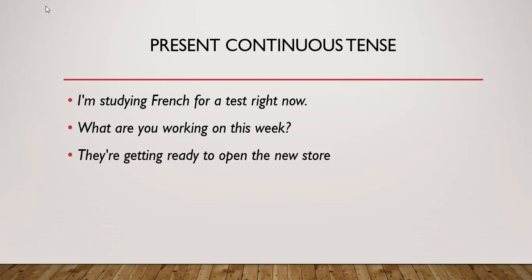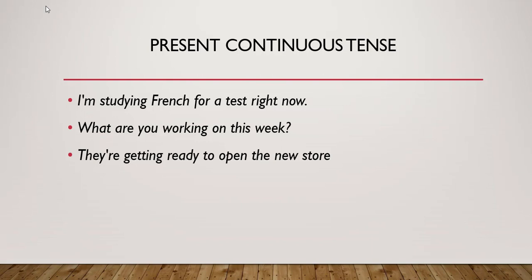This is a present continuous tense, and what you will always use to notice a present continuous tense is that the verb normally has ing at the end. It has a suffix ing. So studying, it actually tells you this is present continuous.